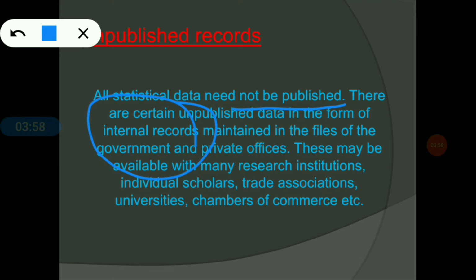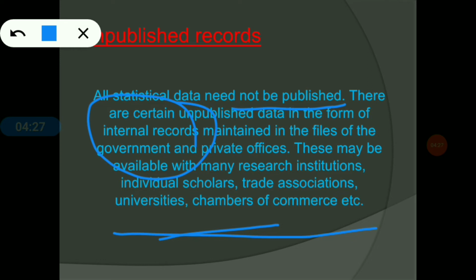This may be available with many research institutions, research scholars, trade institutions, chambers of commerce, etc. So that means unpublished sources are stored in the form of internal records, and these are used for different inquiry, different research by different research institutions, individual scholars, trade associations, universities, and chambers of commerce. Clear? So I think it is clear to everyone.